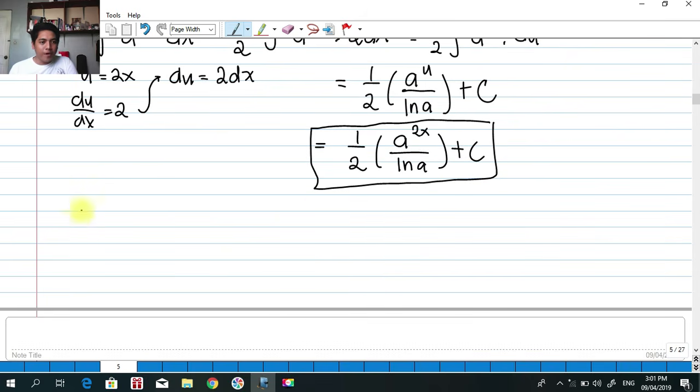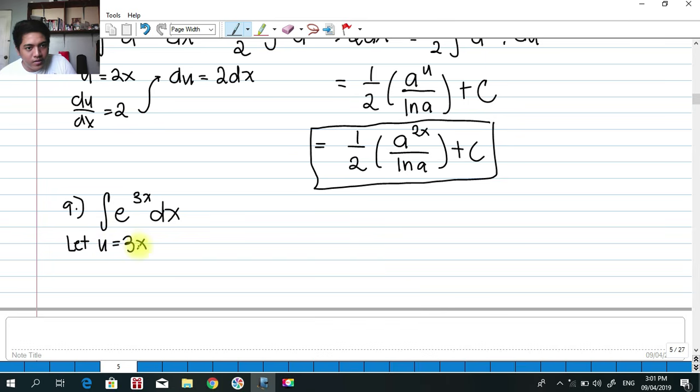Okay, so number 9, we have the integral of e raised to 3x dx. As you can see here, we let u equal 3x, and our du over dx is simply 3.